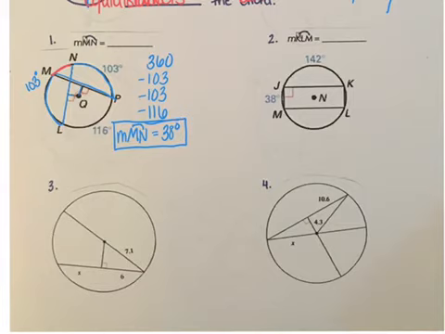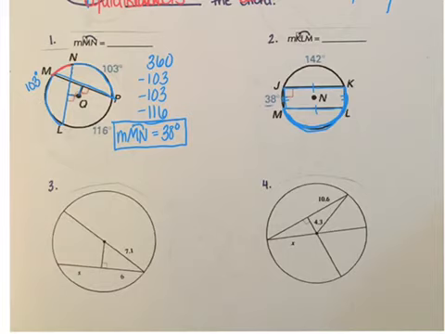Looking at number 2, we're trying to find the measure of arc KLM. So from K to L to M, this is what we're trying to find. We can see that we have a perpendicular line between these two chords, and so this gives us a rectangle. So these two sides have to be congruent, and these two have to be congruent.